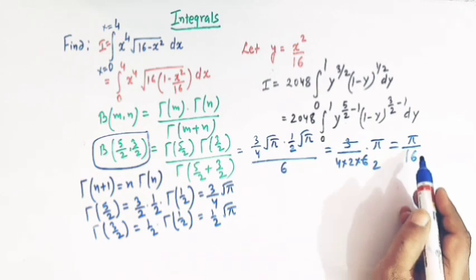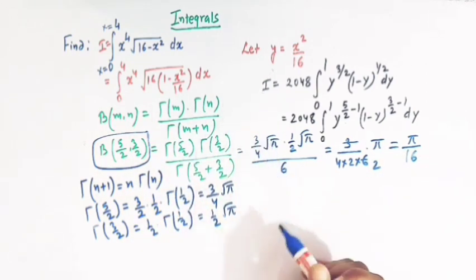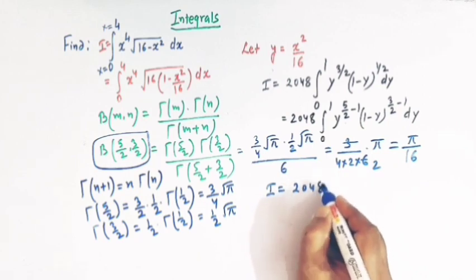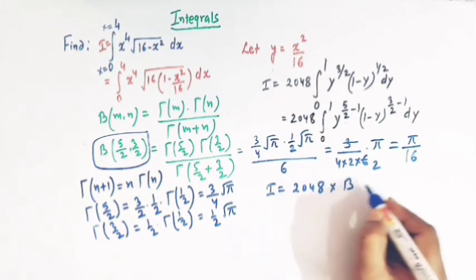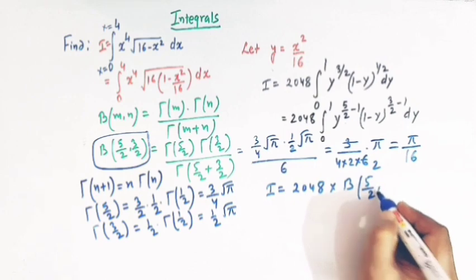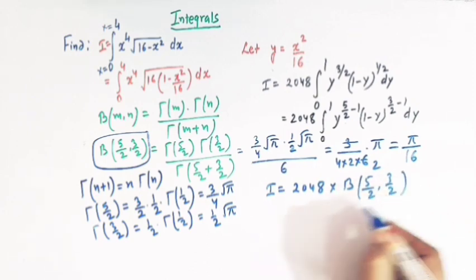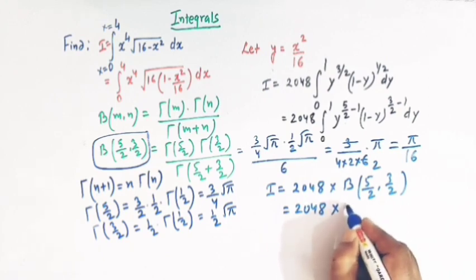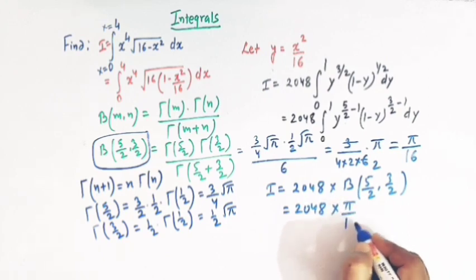So now the value of this integral I is equal to 2048 times beta of 5 by 2, 3 by 2, and this is 2048 times pi over 16.